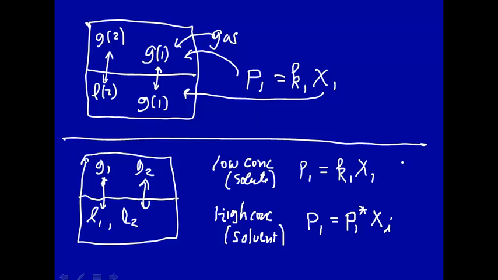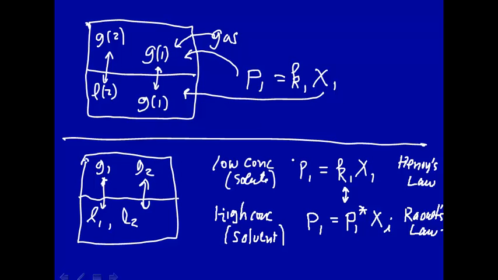So this is Henry's law, and this is Raoult's law. They're both of the same form, but they have different proportionality constants.